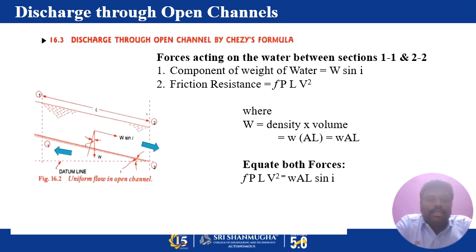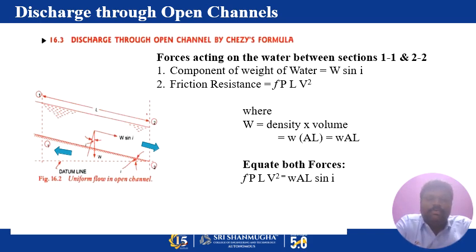The weight of water component along the flow is W sin i. Friction resistance is F P L V squared, where F is the friction resistance coefficient, P is the wetted perimeter, L is length, and V is velocity.